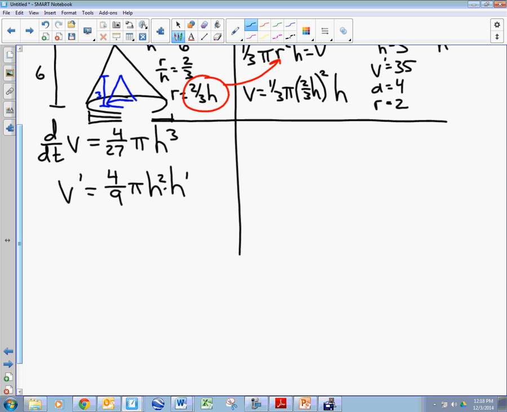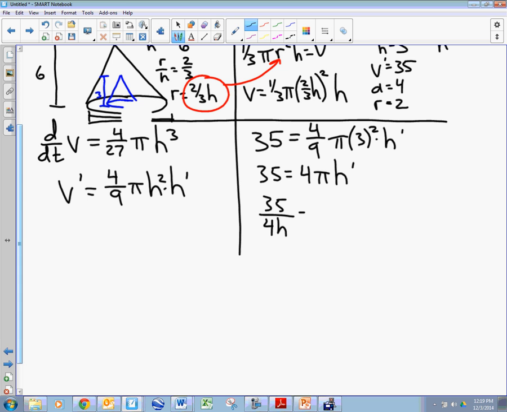So now, what is v prime? Equals 4 over 9 pi times, what's h? 3 squared times h prime. So 35 is equal to 4 pi times h prime. 35 over 4 pi is equal to h prime.